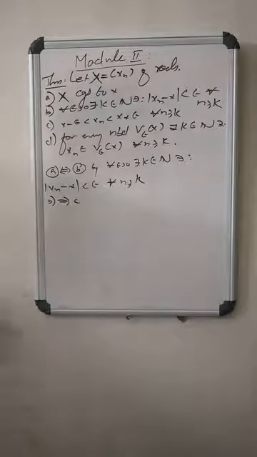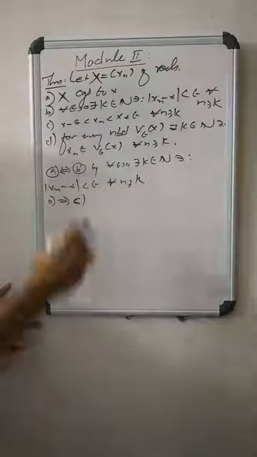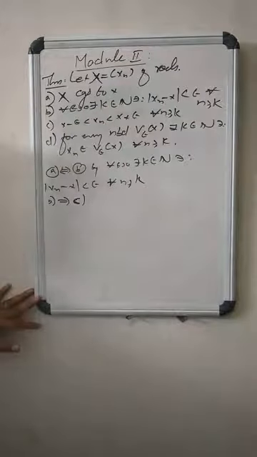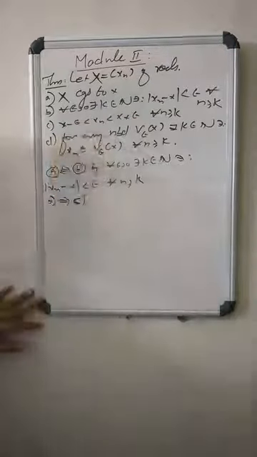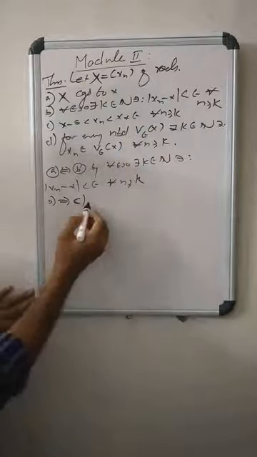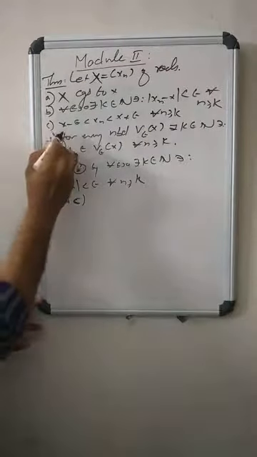Now, B gives C. What is B? For all epsilon positive, there exists a k such that the modulus of xn minus x is less than epsilon. That means immediately we have x minus epsilon less than xn less than x plus epsilon for all n greater than or equal to k. So, B implies C is immediate. C implies B is also immediate. Why?